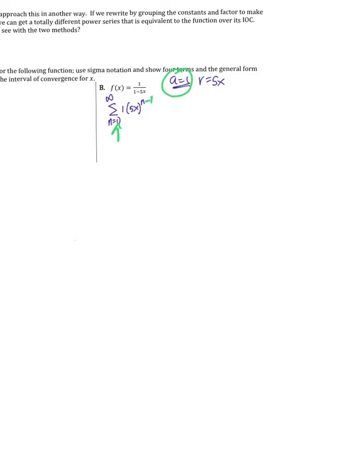All right, and let's go ahead and write out these terms. Actually, let's zoom in a little bit. It's going to give me 1 plus 5x, plus the quantity 5x squared, plus the quantity 5x to the third, plus the general term, so plus... the quantity of 5x to the power of n, plus... So you need to make sure you have that plus and ellipses before your general term and after it.